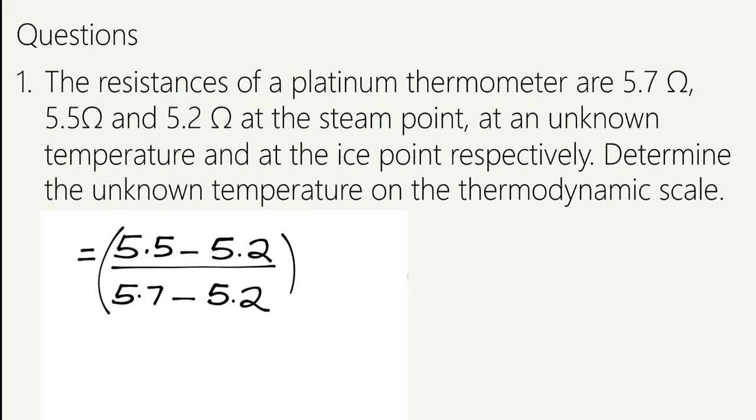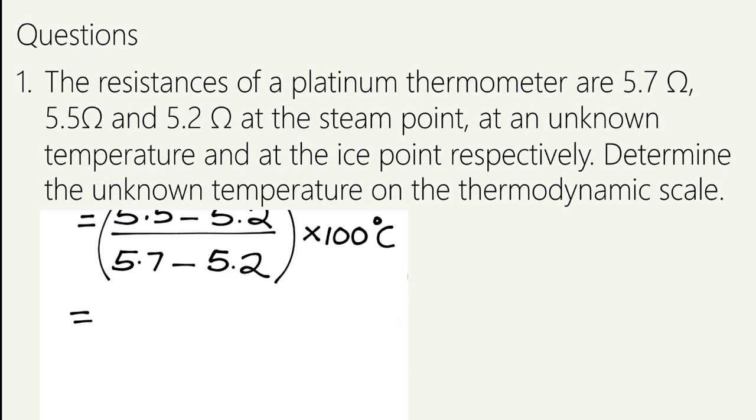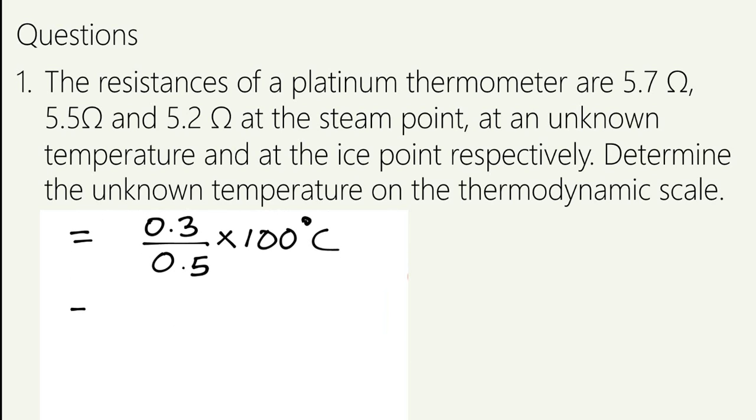Then whatever we get here, we multiply everything by 100 degrees Celsius. So we end up with 0.3 over 0.5 times 100 degrees Celsius, and this gives us 60 degrees Celsius.